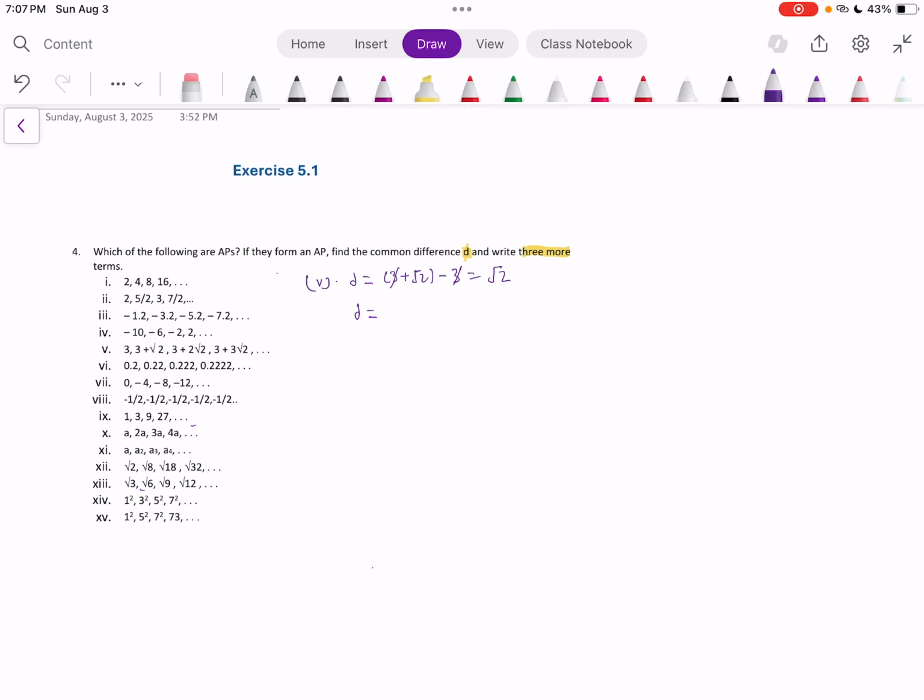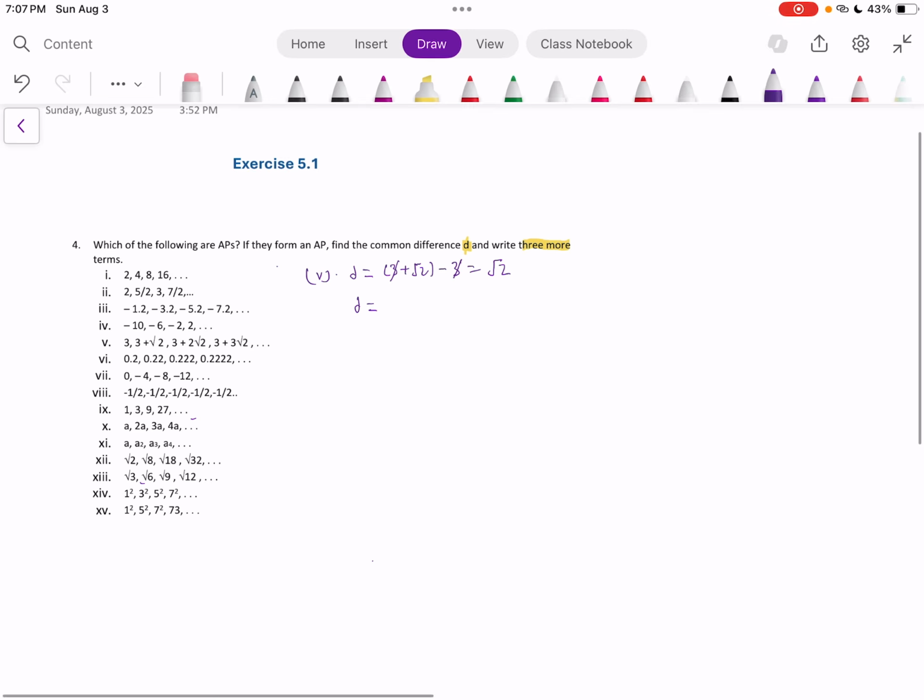Then for the next 2 terms, it is going to be 3 plus 2 times square root of 2 minus 3 plus square root of 2, which is 3 plus 2 times square root of 2 minus 3 minus square root of 2.